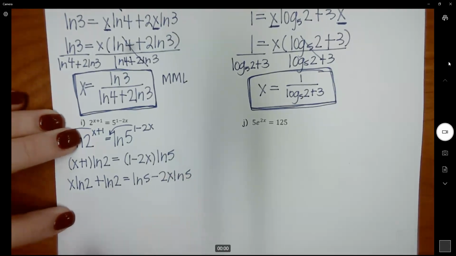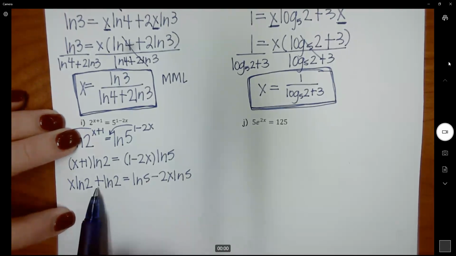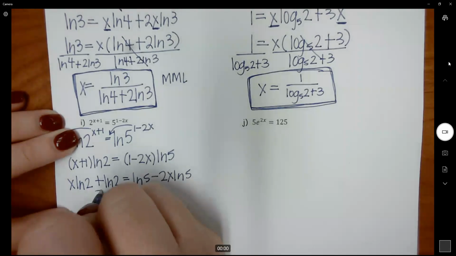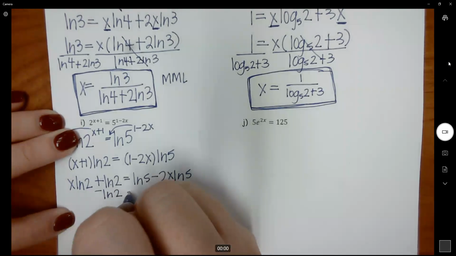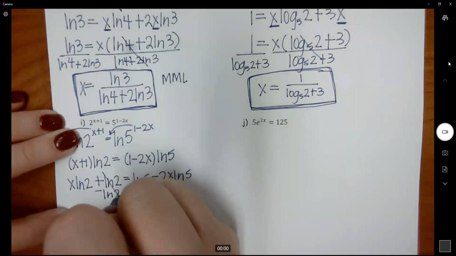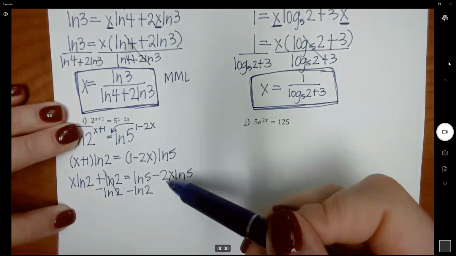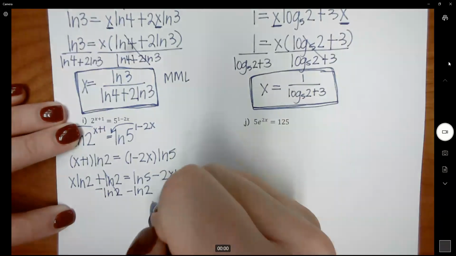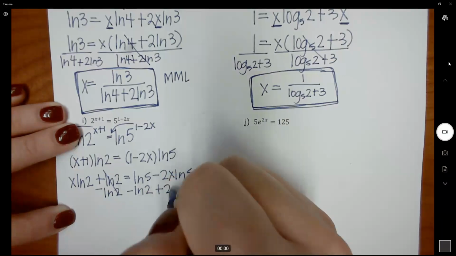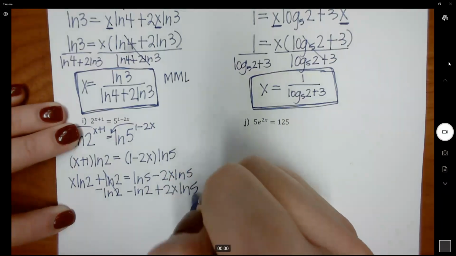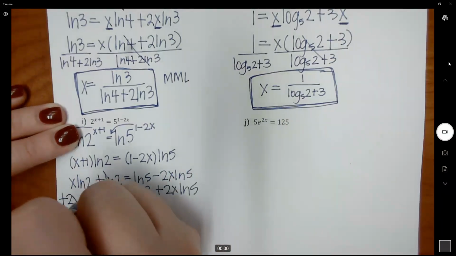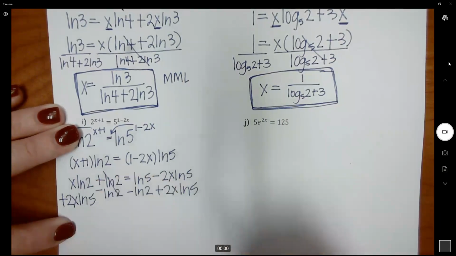So that means I am moving my natural log of 2 over here. So the opposite of a positive natural log of 2 is to subtract it. So that cancels there. And I'm going to move this over here. So plus 2x natural log 5 plus 2x natural log 5.